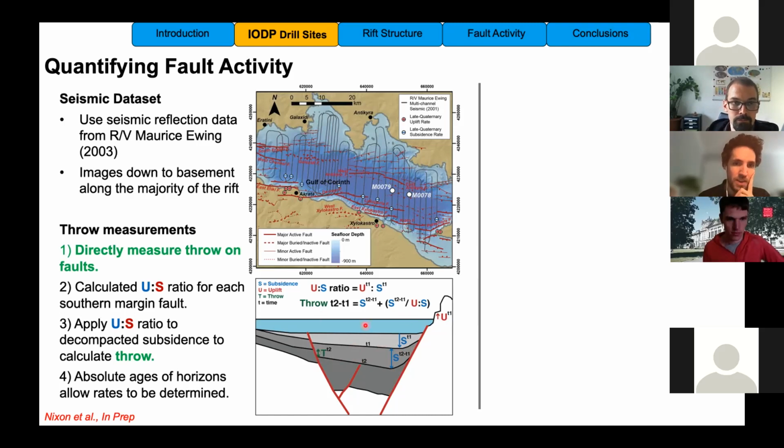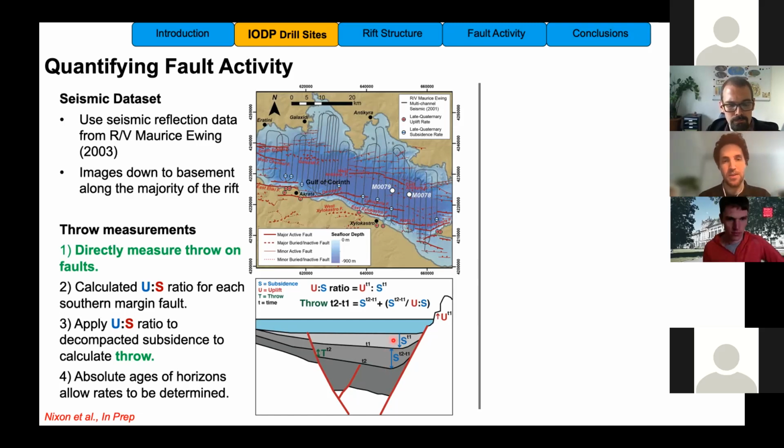One of the problems that we did have with the Corinth Rift is that along the southern margin here, you have some of the largest faults within the rift, but their footwall is typically not imaged by the seismic data. So we're only able to calculate a minimum subsidence value for these faults.